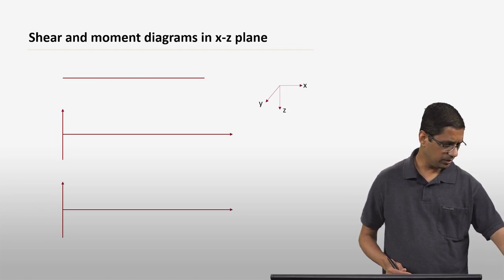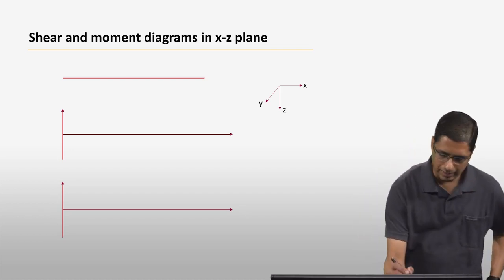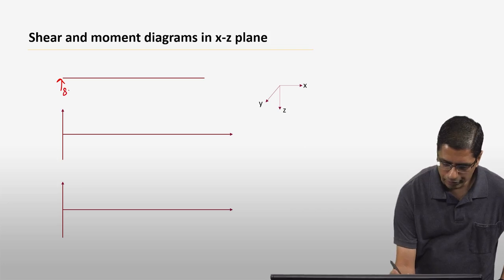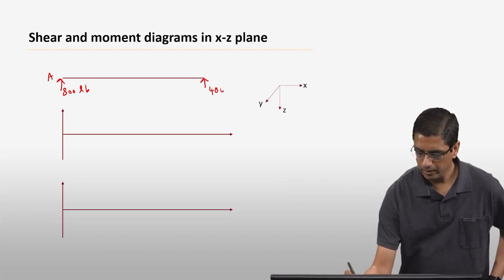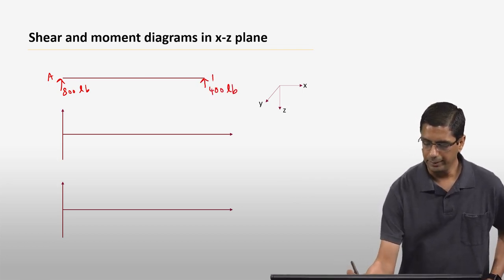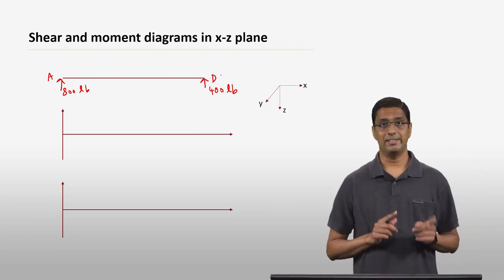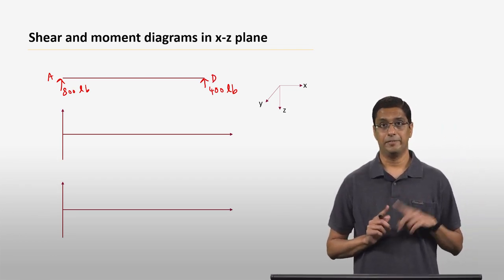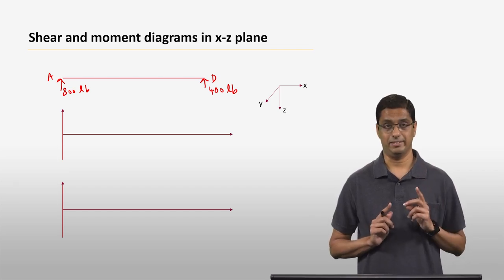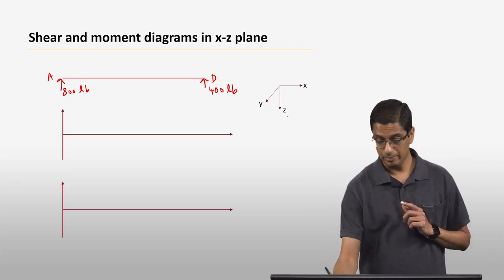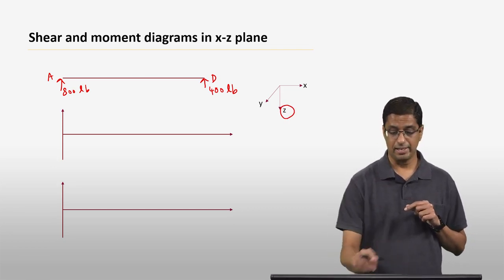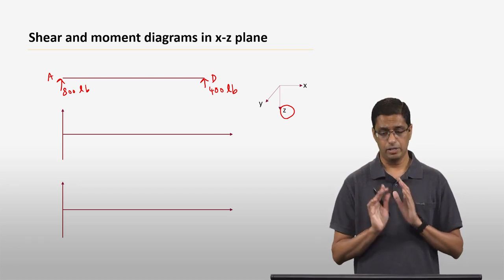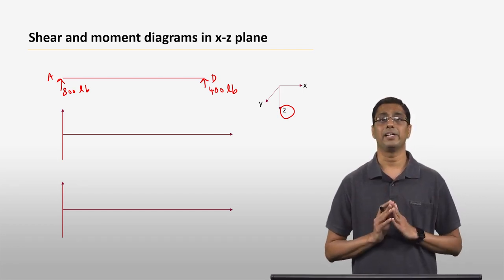If you look at the xz plane, you have an 800 pound force here at point A, and a 400 pound force here at point D. Remember, we got A_z and D_z to be negative, which means they are actually in the minus z direction. And remember, positive z is downwards, so that's why A_z and D_z are pointing up. So we are consistent with the signs and the values that we got before.